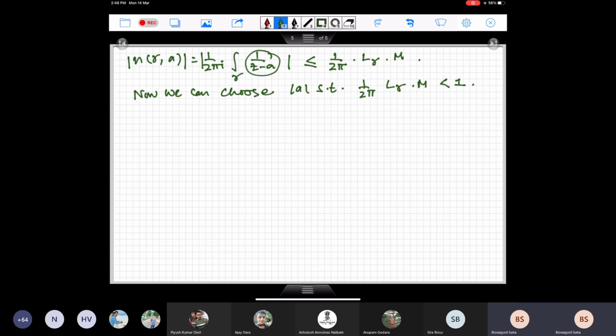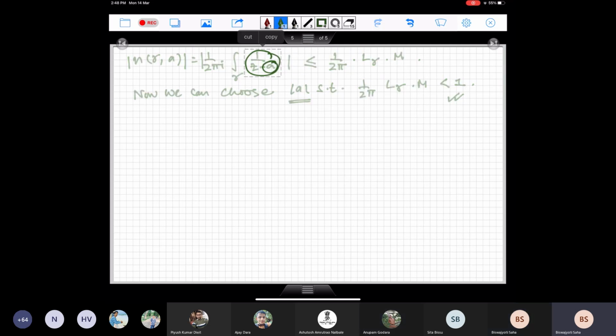Is it clear to all of you that I can choose A in such a way that this quantity will be less than 1? Yes, sir, because M can be made arbitrarily small. Here A is in the denominator, as you can see.